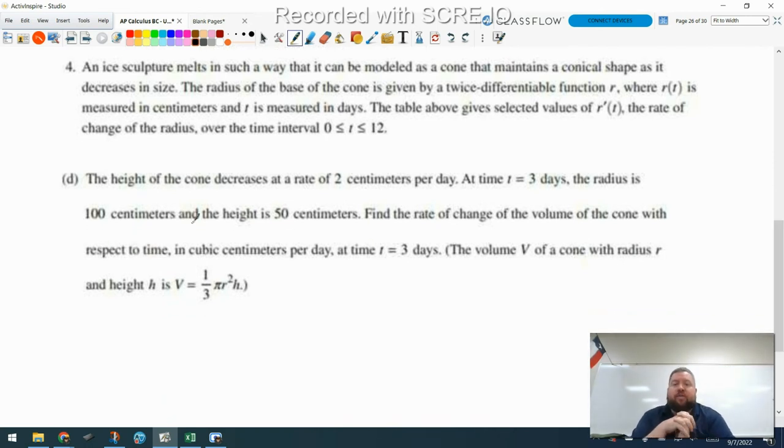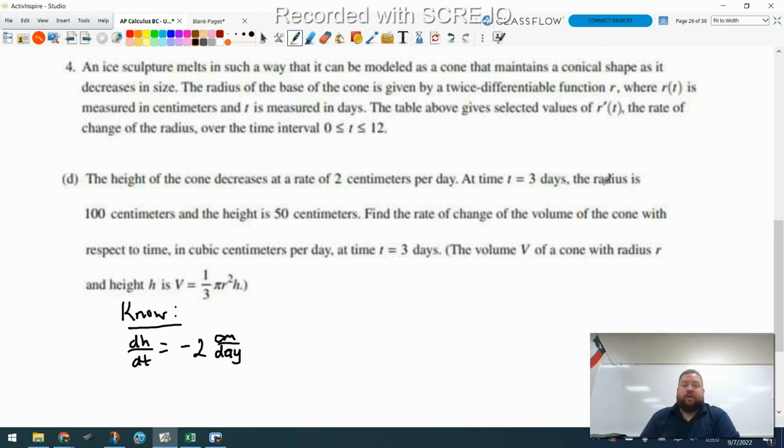Here is the question we're going to do. The height of the cone decreases at a rate of 2 centimeters per day. Let's start writing down what we know. dH over dt is equal to negative 2 centimeters per day. At t equals 3, the radius is 100 centimeters and the height is 50 centimeters.